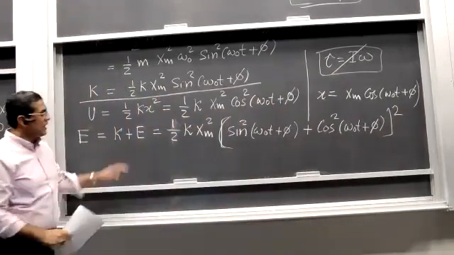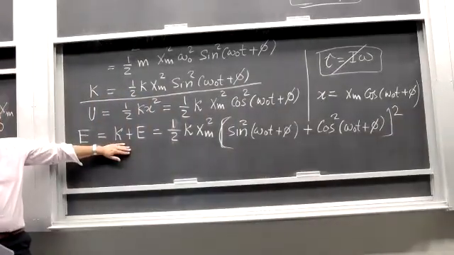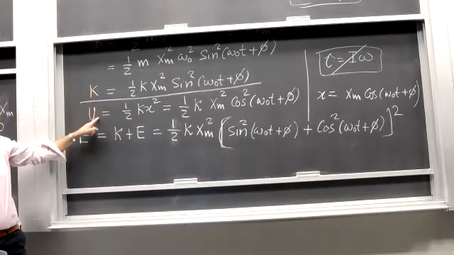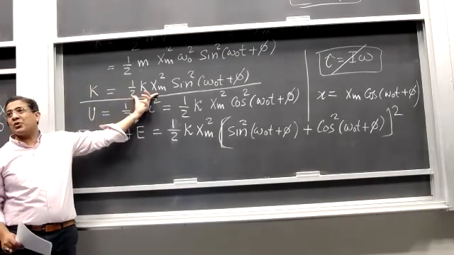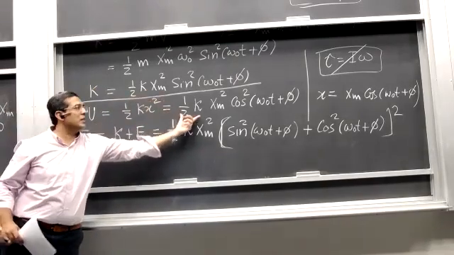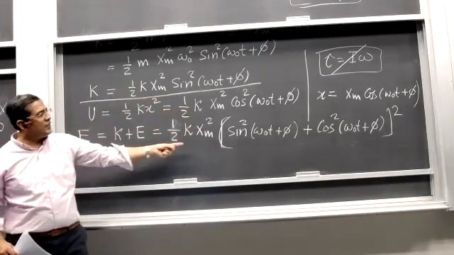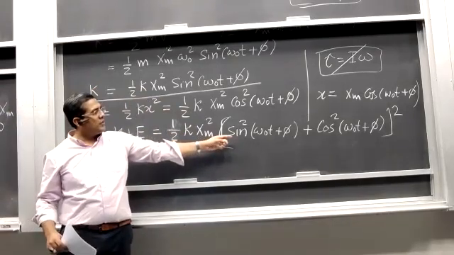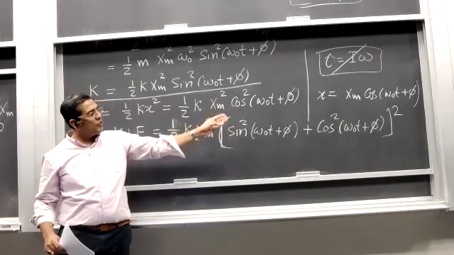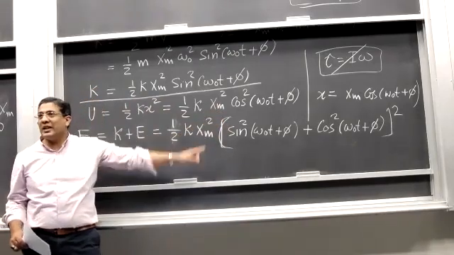Make sure that you understand this equation. If there is a problem, let me know, okay? Just adding these two quantities, K and U, and this half k x_m squared is the same in both quantities. I've just taken it common and then written sine squared (omega naught t plus phi) plus cosine squared (omega naught t plus phi).